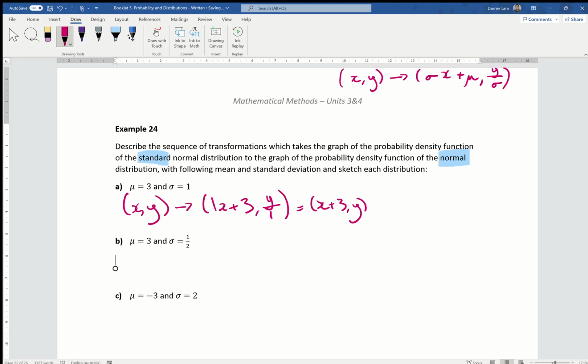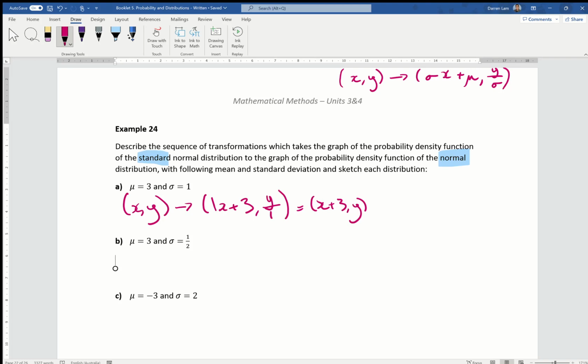The only transformation here is that we've shifted right 3 units. And it makes sense because remember the mu, or the mean, is the middle of our normal distribution. And if the mean of this one is 3, whereas the standard normal distribution has an average of 0, it makes sense we just shifted the whole thing 3 units. And there's no dilation, so we're all good on that front.